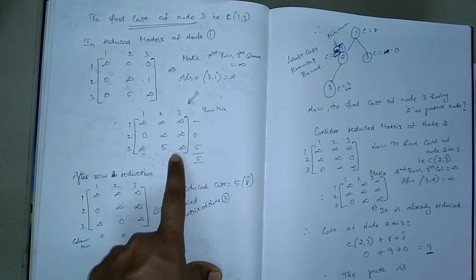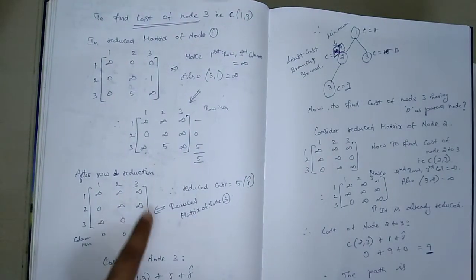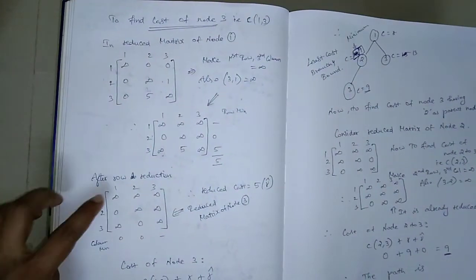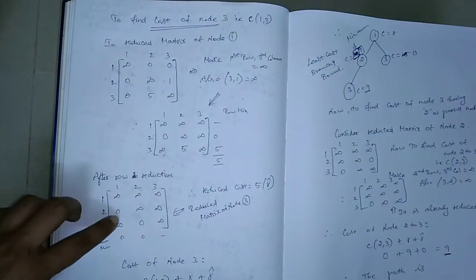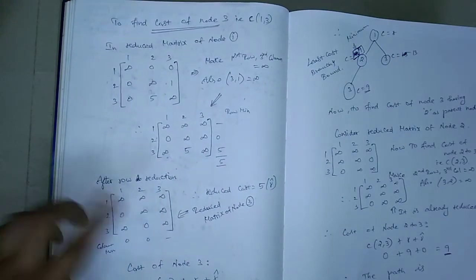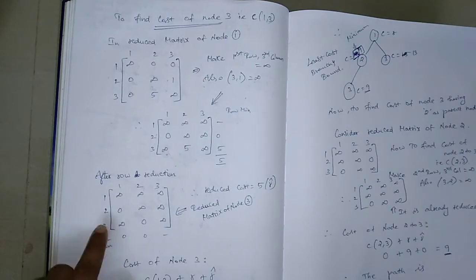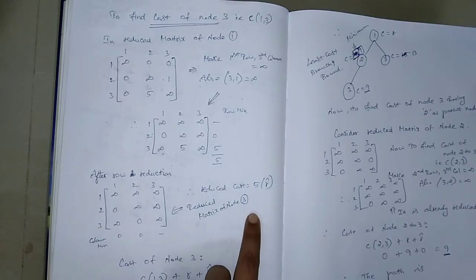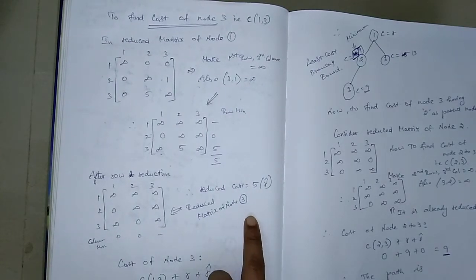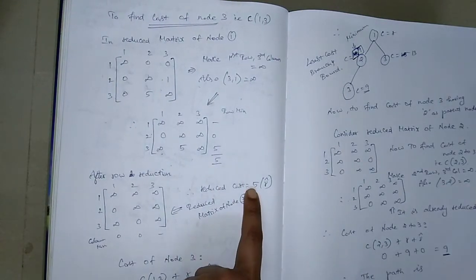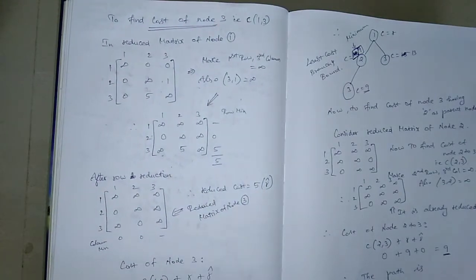So 5 minus 5, it is 0. This is the resultant matrix after row reduction. Then we check if the columns are reduced or not. In the first column I already have 0, the second column I have 0, and the third column is infinity, neglected. So this is the reduced matrix of node 3. And then we find the reduced cost. So the reduced cost is 5 plus 0, it is 5. So this is my R cap value.